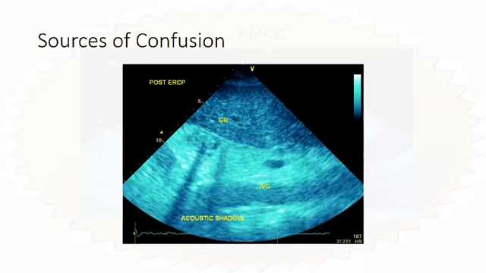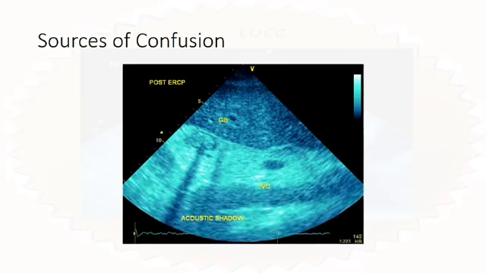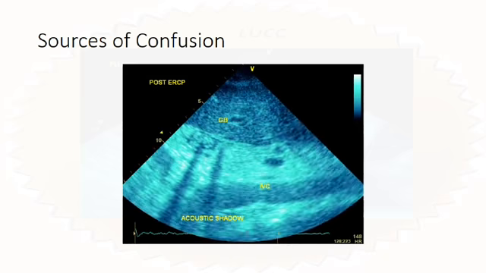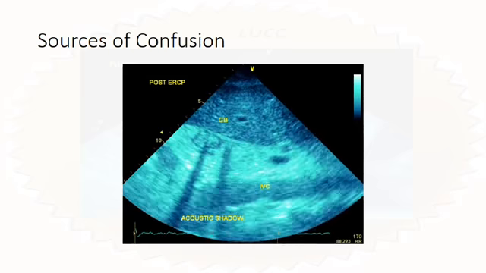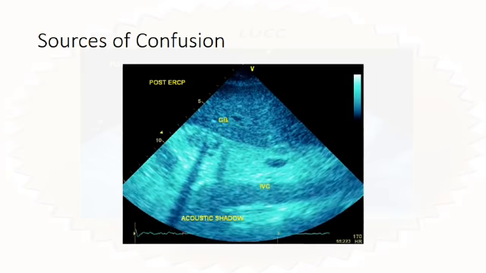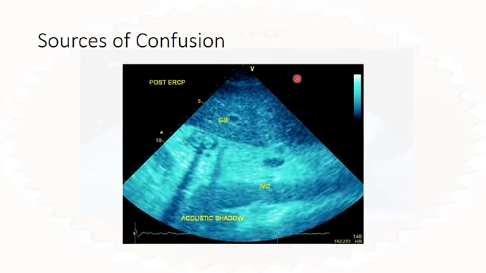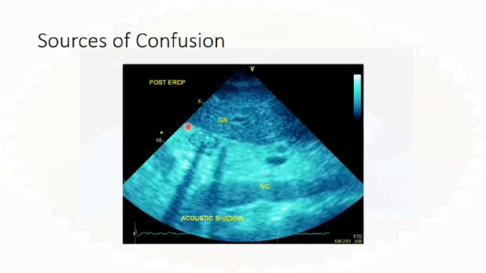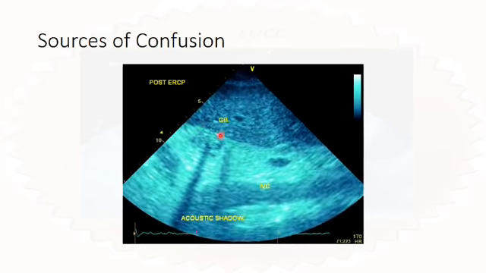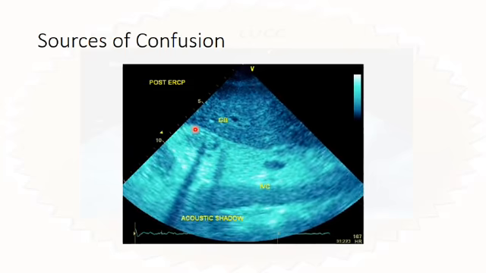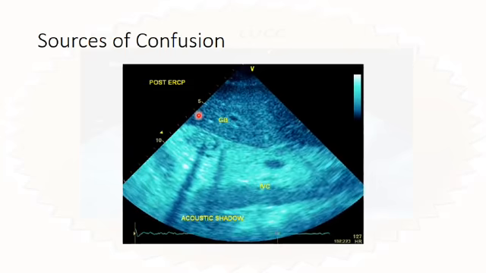Now, there are some other sources of confusion to this whole thing. Okay, and this is a classic example of that. This is one of my first gallbladder ultrasounds, and I got the liver. Then I got this structure here, and I said, wow, this is an anechoic structure. It actually is not, but I said this is an anechoic structure.